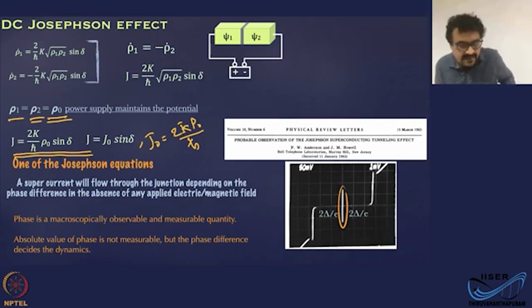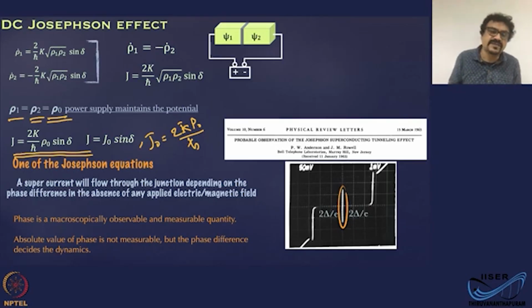But now we have a very interesting situation here. A Cooper pair current, or supercurrent, will flow through the junction depending on the phase difference, in the absence of any applied electric or magnetic field.